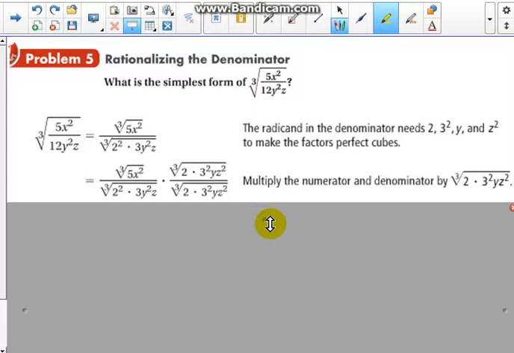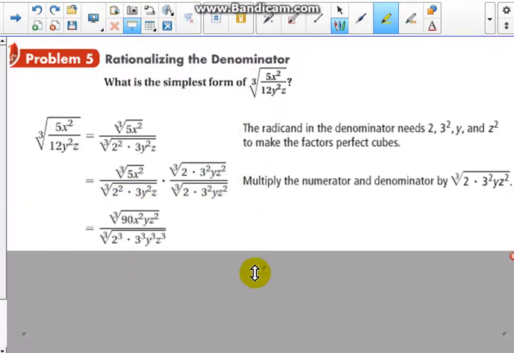So we're going to multiply by the cube root of these things to turn everything in that denominator to a cube. And if we do it to the denominator, we have to do it to the numerator, because what are we doing here? We're just multiplying this by 1. Okay?